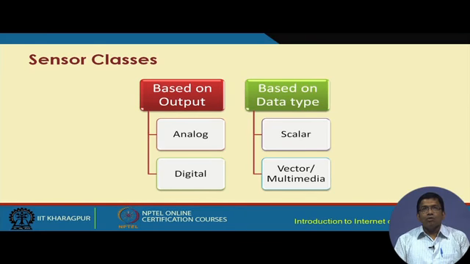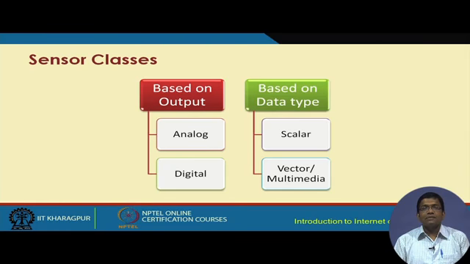Based on the output, sensors can be classified as analog or digital, and based on the data type they can be classified as scalar or vector sensors. Analog sensors give continuous analog output. For example, with a temperature sensor, the changes in temperature are continuously sensed and measured, and the output is an analog signal.